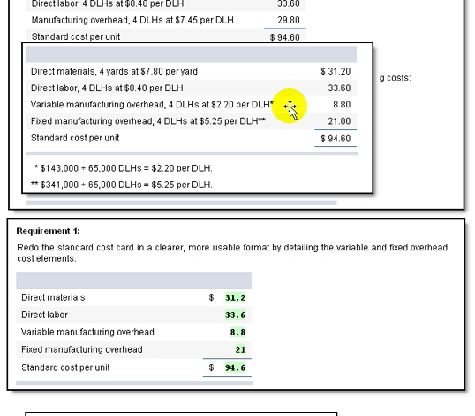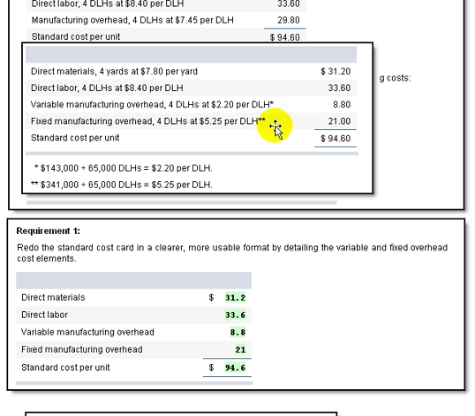Variable manufacturing overhead was 4 direct labor hours at $2.20 per direct labor hour, which gets us $8.80. Well, where did the $2.20 come from? We took the $143,000, that was the variable manufacturing overhead, we divided it by the 65,000 direct labor hours, and that's how we came up with the $2.20 variable manufacturing overhead rate per direct labor hour.